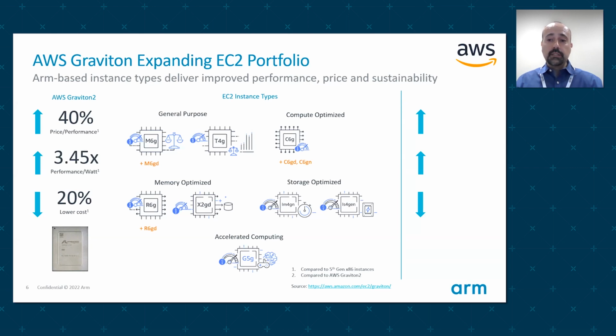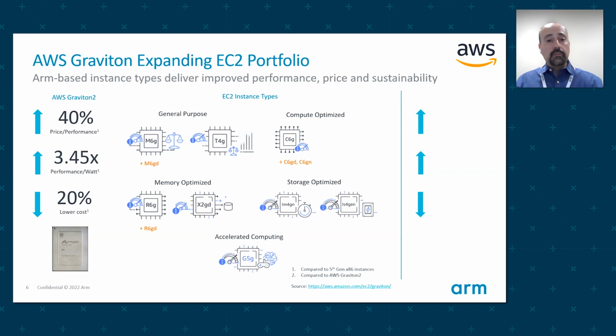These instances support anywhere from 100 gigabits of network bandwidth, the latest NVMe SSD storage, and the latest DDR5 memory, all combining to offer 40% better price performance than traditional x86 offerings.